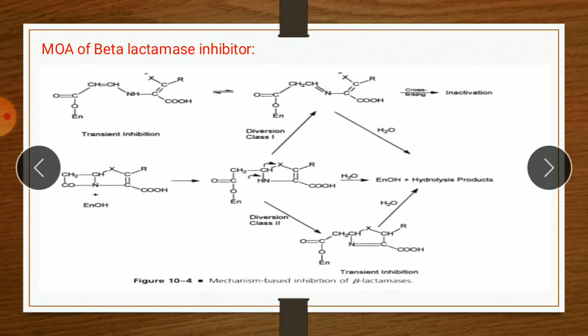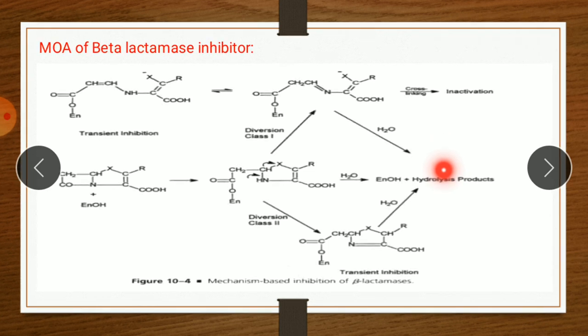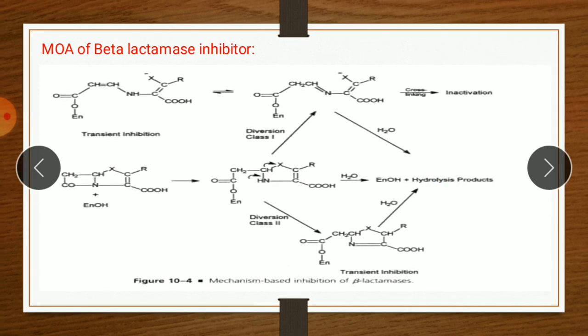The hydrogen from nitrogen shifts to this carbon and this double bond shifts here like this. So it is a tautomerism, and this is called transient inhibition. Then after removal of the water molecule from both sides, there is formation of the hydrolysis product. In short, the beta-lactamase inhibitor drug just diverts the pathway.